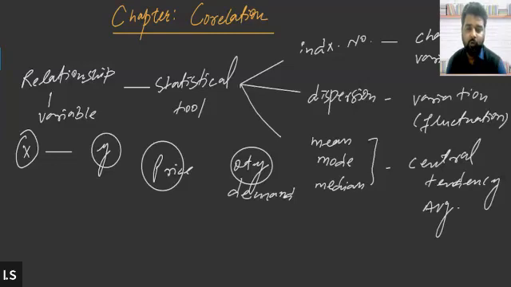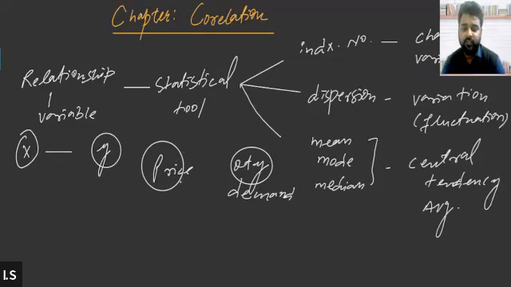So how is correlation going to help in determining the relationship? Correlation basically tells you the degree to which two variables are related, the extent to which both these variables are interrelated, and the nature of the relationship you can also determine on the basis of correlation. Let's talk about the nature of relationship.